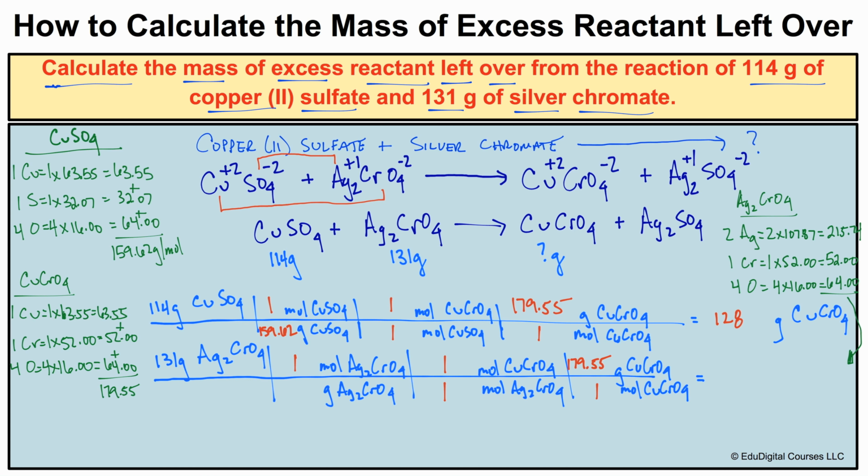We have 64.00 plus 52.00 plus 215.74, which is 331.74. So we just figured out the molar mass of this stuff here. The molar mass of our Ag2CrO4 is going to end up being 331.74.